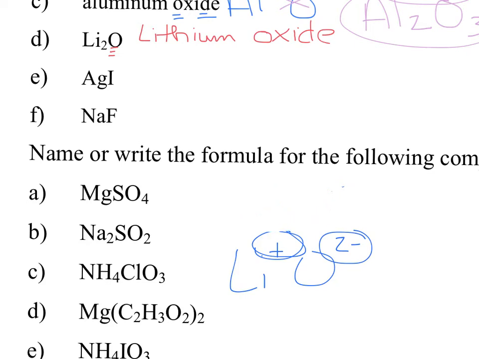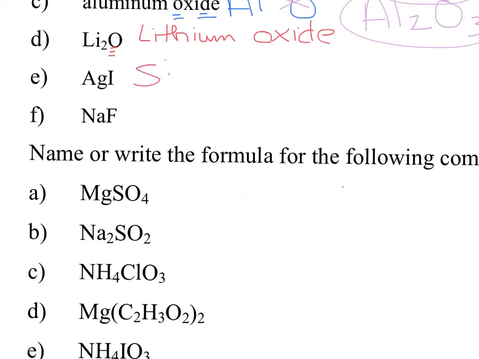Also, we move on to the next one. Now, here's one of our examples we just gave just a minute ago. If you look at your periodic table, we know that silver is a transition metal. We know that, okay? However, it is one of our few exceptions that does not need a Roman numeral. Again, the reason why it does not need a Roman numeral is because it will always be silver 1 plus. That's just what it's always going to be.